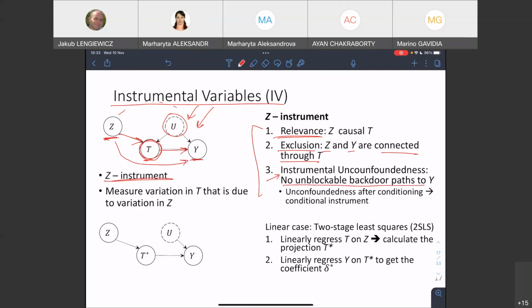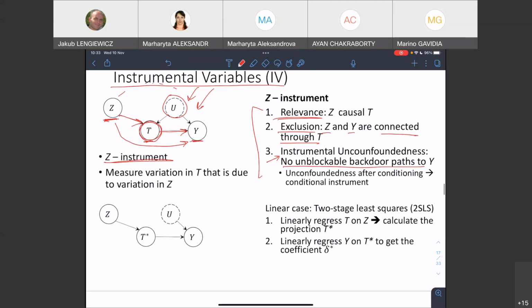Now, if these conditions are satisfied, I will show you the case of linear relationships, because it is the easiest one and we can have proofs for it. If the relationship is not linear, we need to consider every case and see if the structure is identifiable or not. But for the linear relationship, it is very easy. So we now assume that all the causal relationships are linear.